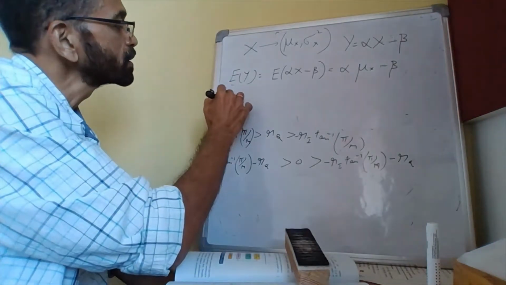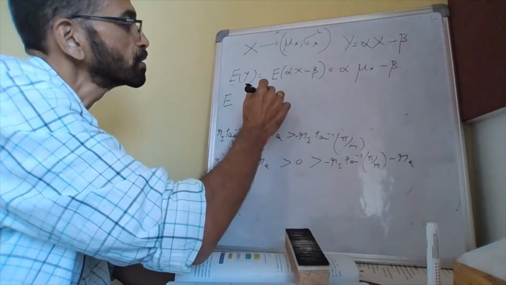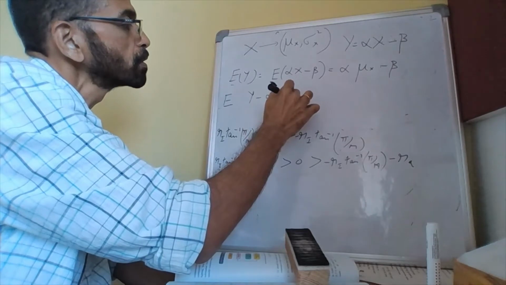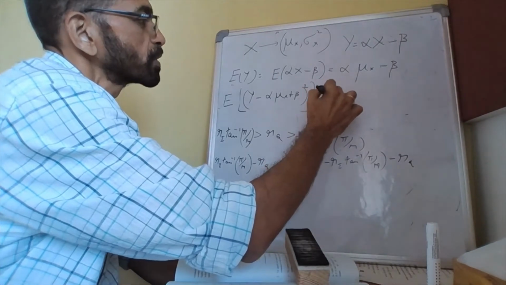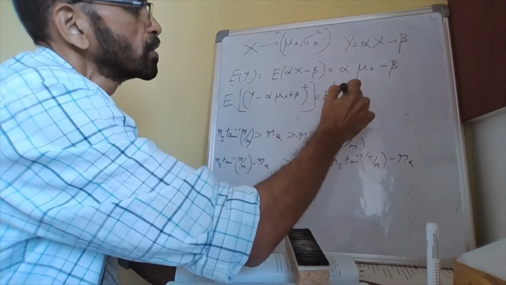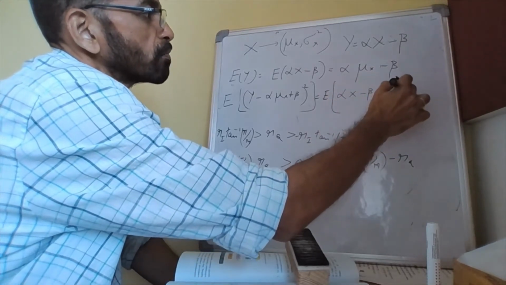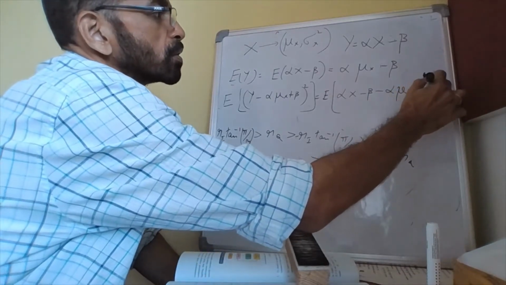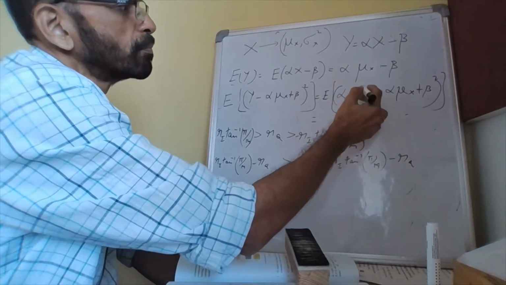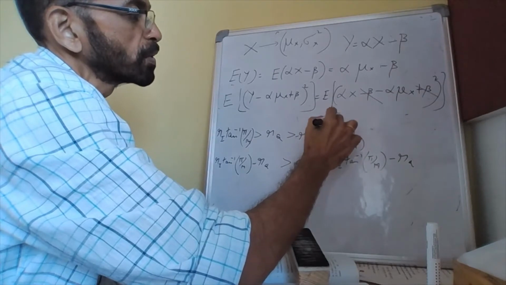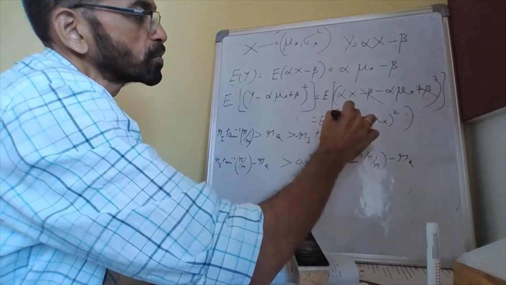Similarly, if I try to calculate the variance of y, that means expected value of y minus its mean squared, I get expected value of alpha x minus beta minus alpha mu x plus beta, whole square. That will be expected value of alpha times x minus mu x, the whole square.